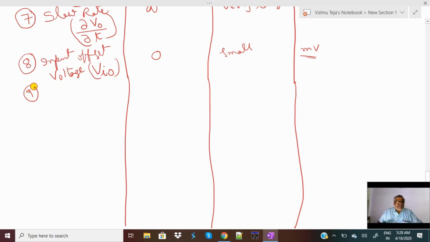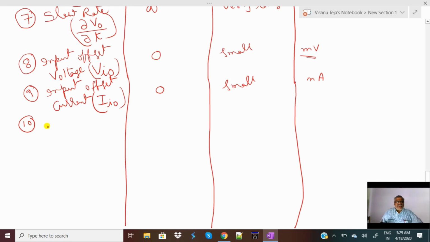And another characteristic is input offset current. Ideally its value should be 0. Practically its value should be very small. Generally this is expressed in terms of nanoamperes. Its value will be a few tens or a few hundreds of nanoamperes. And the next parameter is input bias current, represented with the symbol IB.